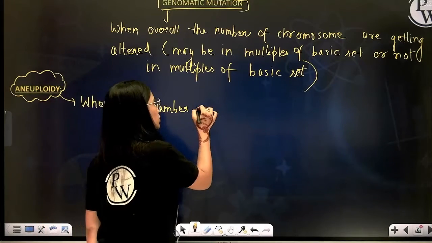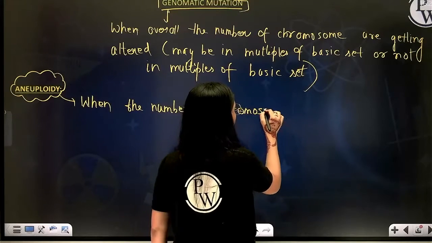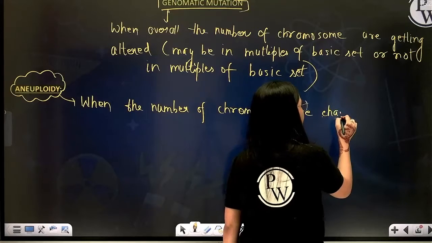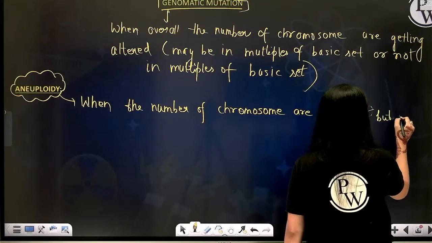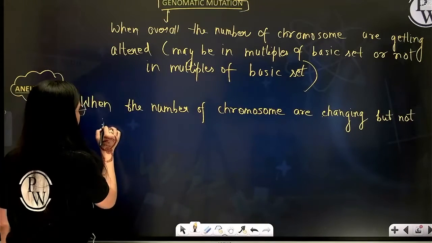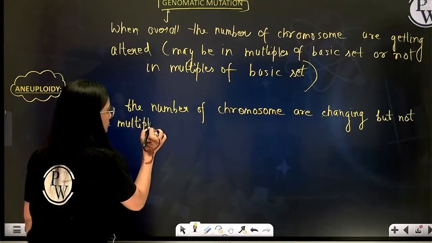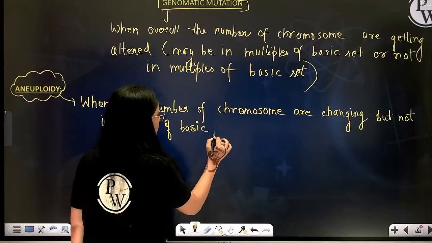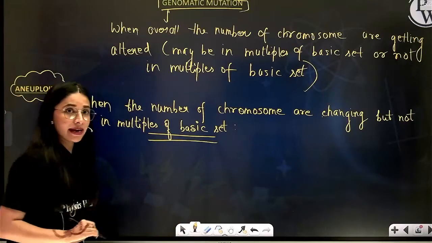When the number of chromosomes are changing but not in multiples of basic set. क्या मतलब है इसका?